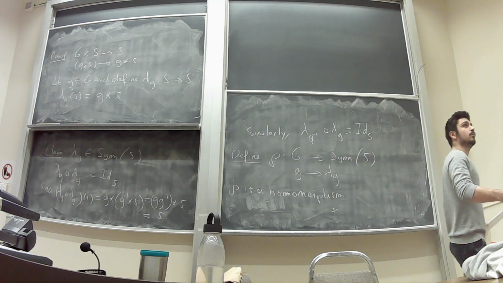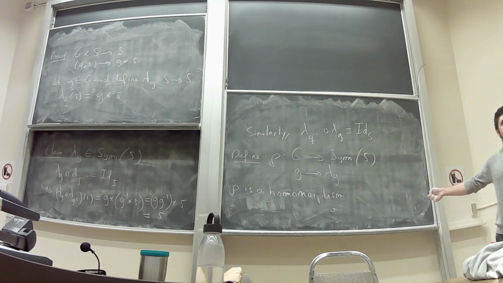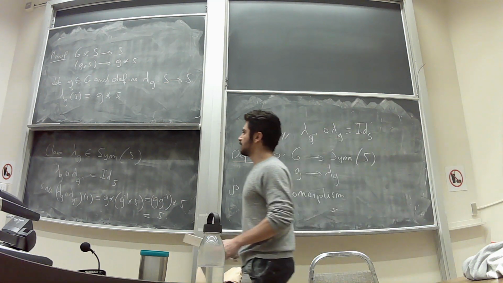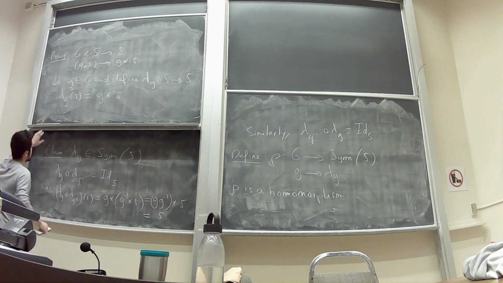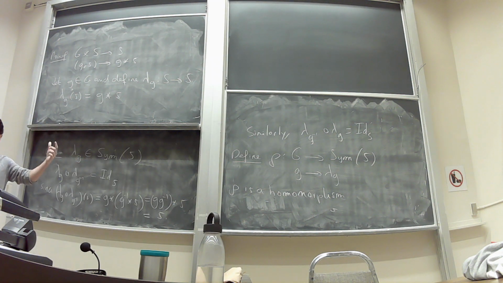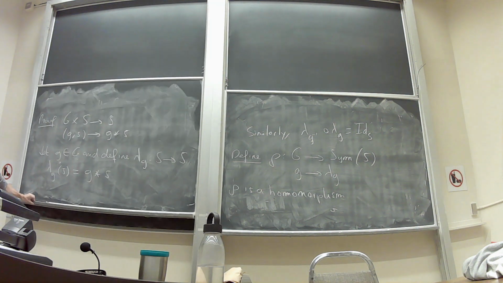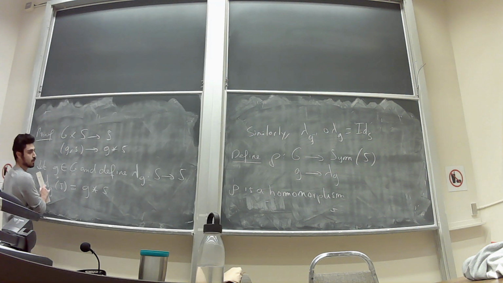Again, it's the same proof as Cayley's theorem. Look at the proof of Cayley's theorem and look at this proof. They're almost the same thing. What is the difference? In Cayley's theorem, S is equal to G and the star is multiplication. Here S is not necessarily a group. So rho is a homomorphism.